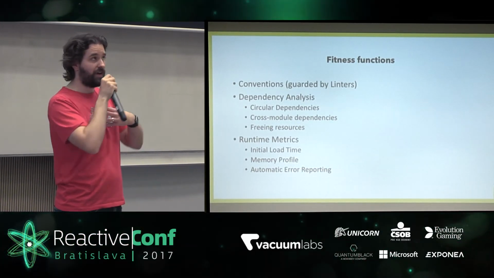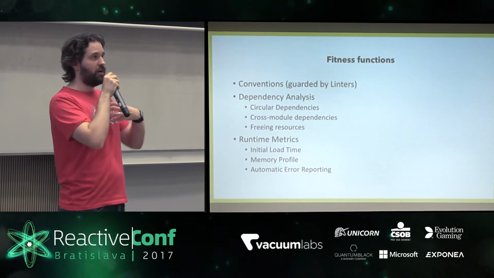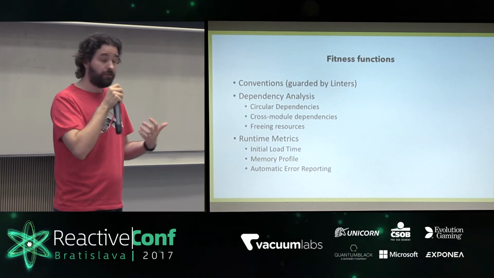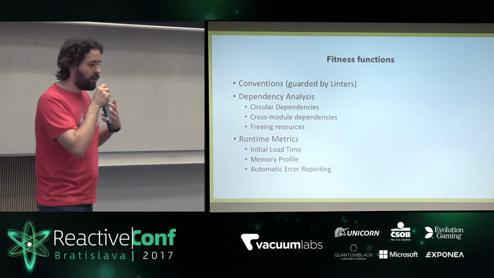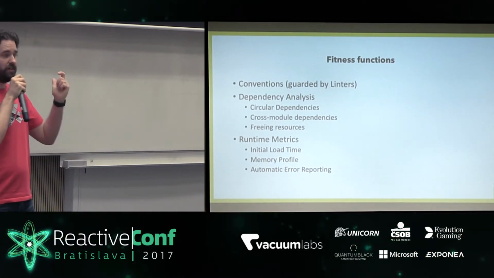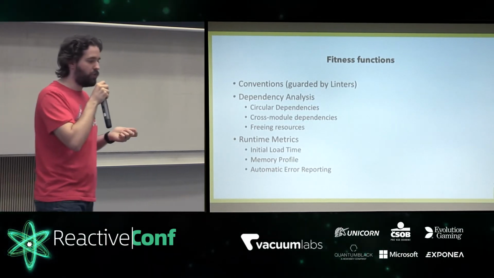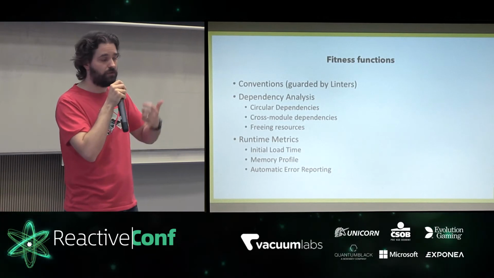If we have, like Exponia, something like a modular monolith, and we are measuring whether there are circular dependencies. There are none. That's fine. However, we have cross-module dependencies.